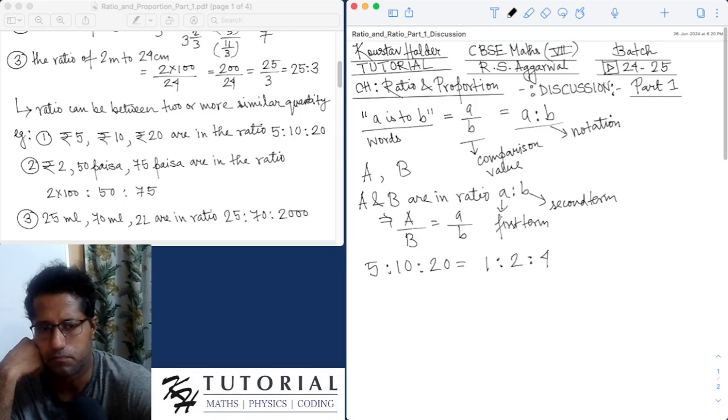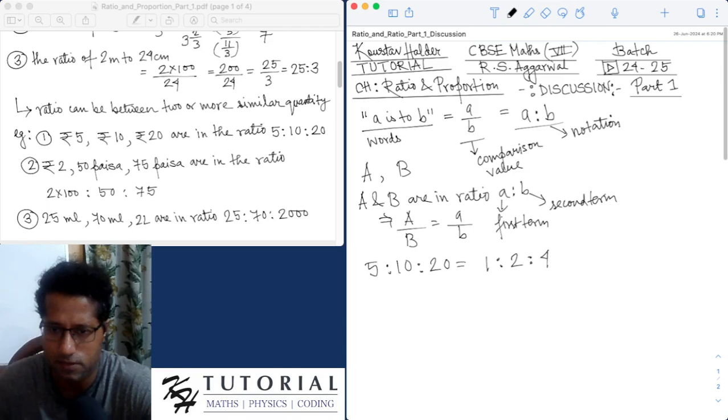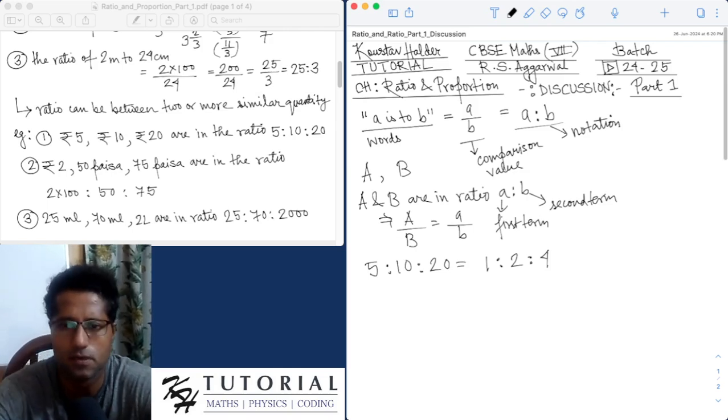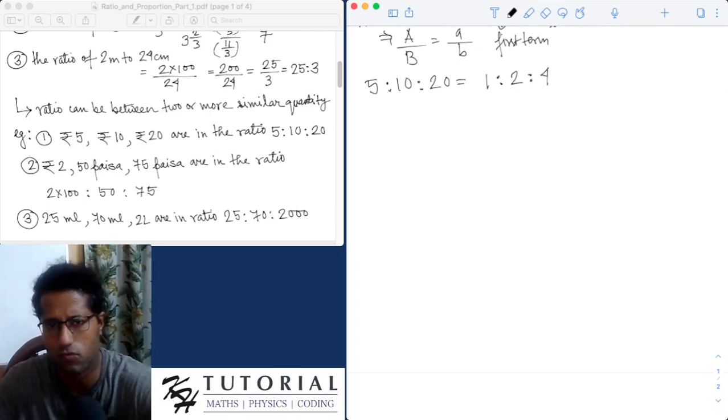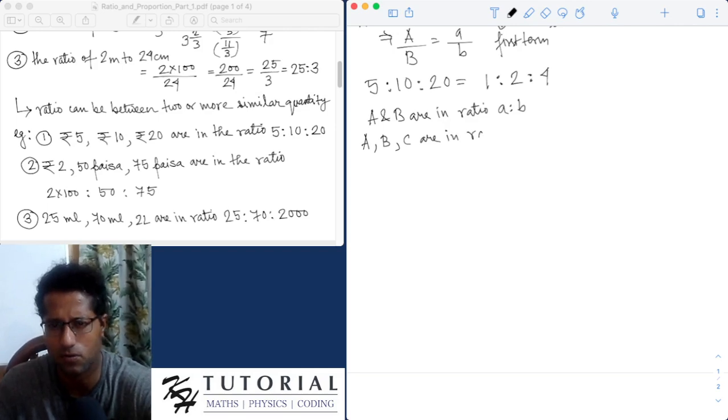Now the ratio could be between two quantities, or three quantities, four quantities. For two quantities, we say that A and B are in the ratio small a is to small b. Similarly, for three quantities A, B, C, we write a is to b is to c.